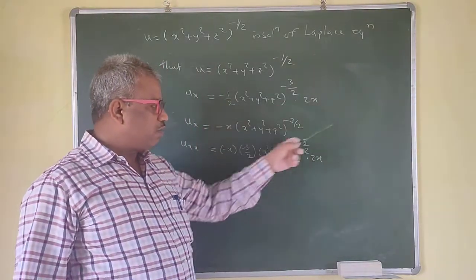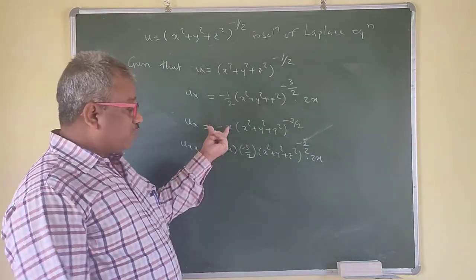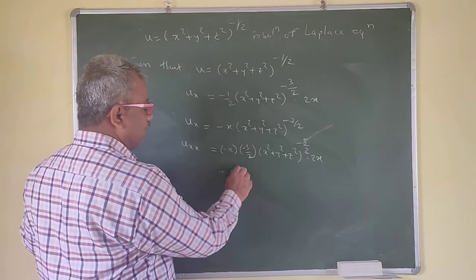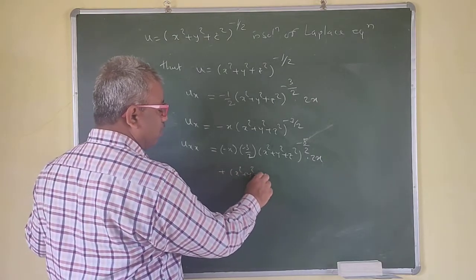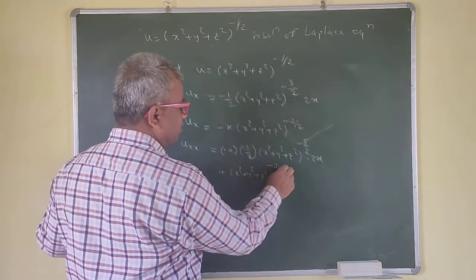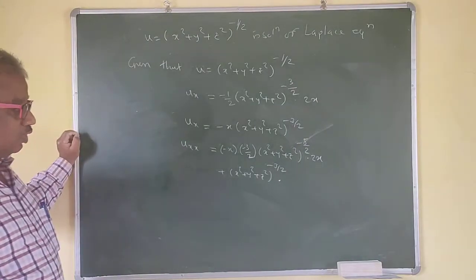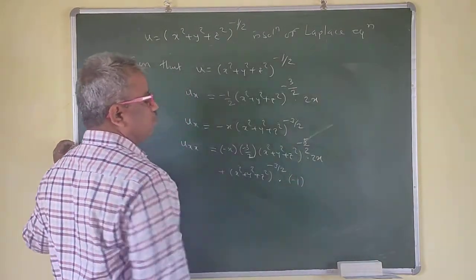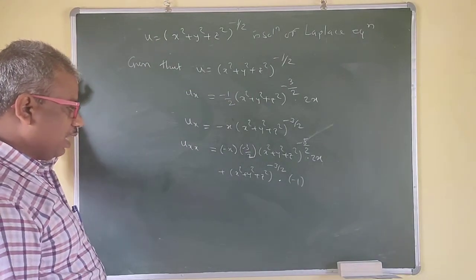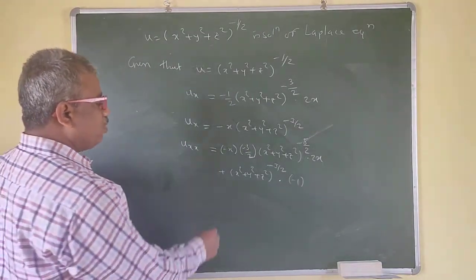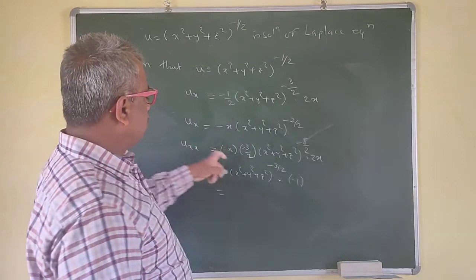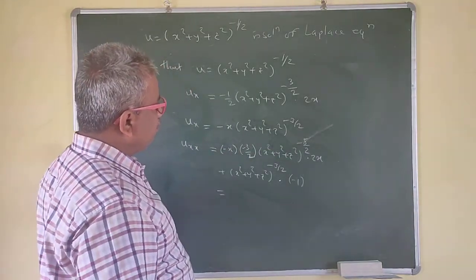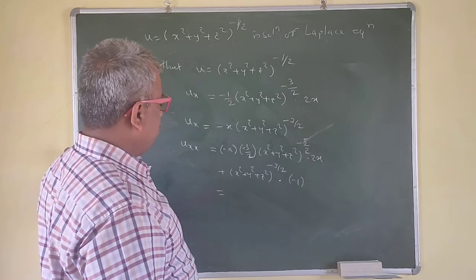We have just taken the derivative of this part only. Now we take minus x plus x square plus y square plus z square to the power minus 3 by 2 as it is, into the derivative of minus x, which is minus 1. What we will do now, these two get cancelled. Can we take the common?